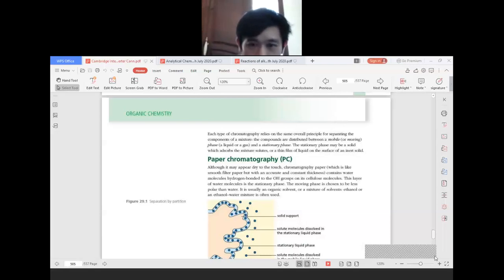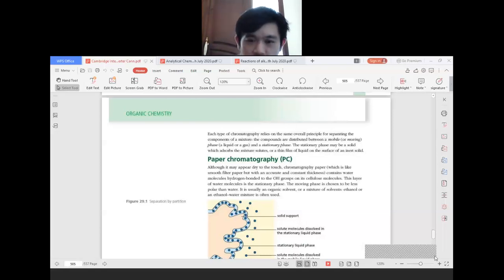And then paper chromatography uses smooth filter paper, but with an accurate and constant thickness. This contains, is it adsorb or absorb? Yes, the concept is adsorb. The molecules, the solute and the solvent, dissolve and then move upward.